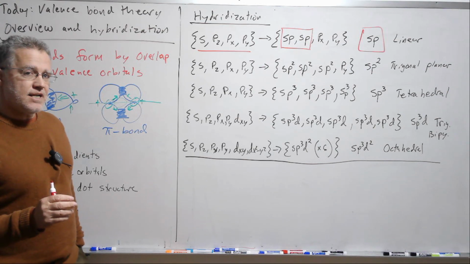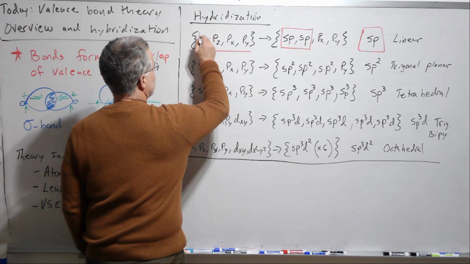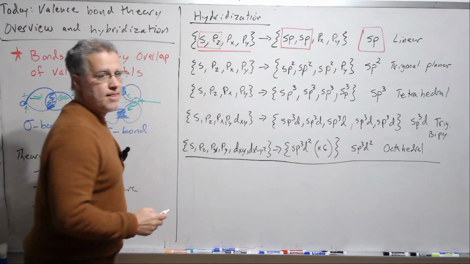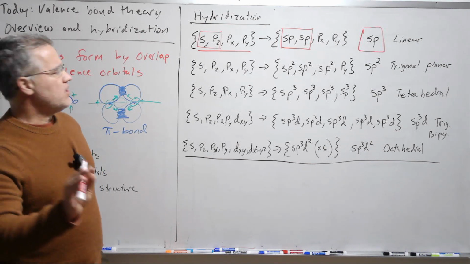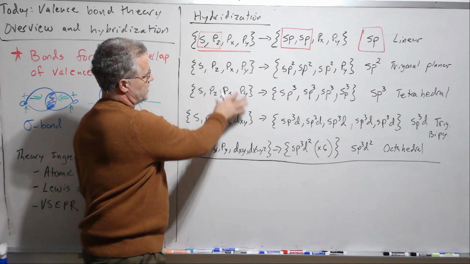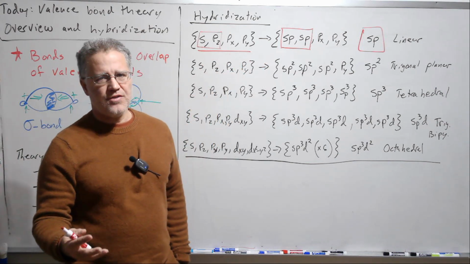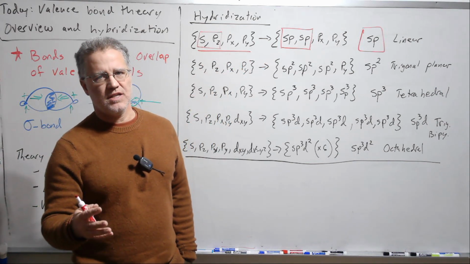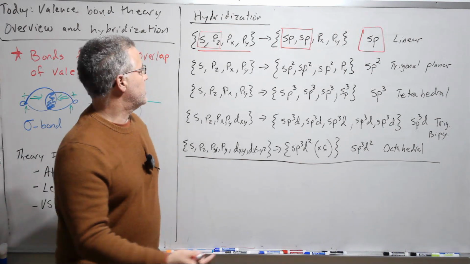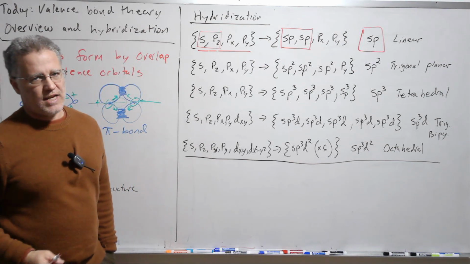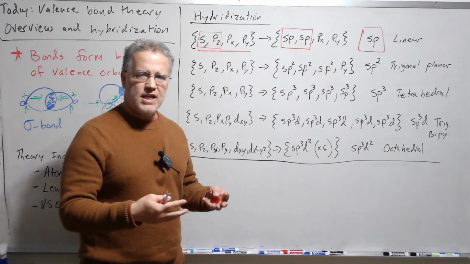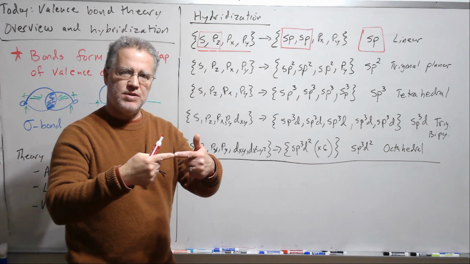But the key idea here, we're going to take the s and the pz and hybridize them as sp's. Now, I'm going to be doing a specific set of combinations. Other authors might do things a little bit differently. The main takeaway here is that this is an s and a p. You really have the choice to choose any of those. Usually, people take the bond axis to be the z-axis.